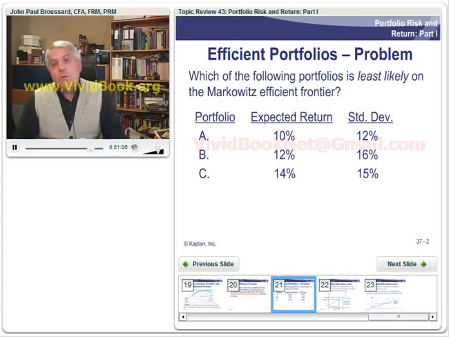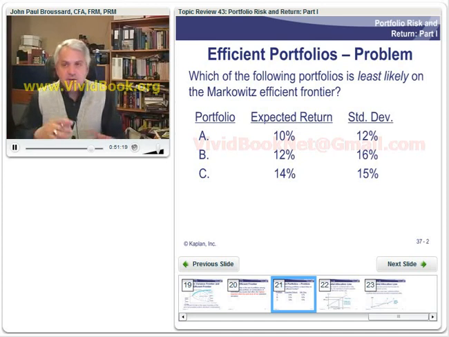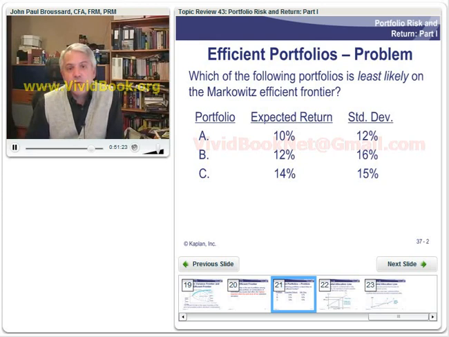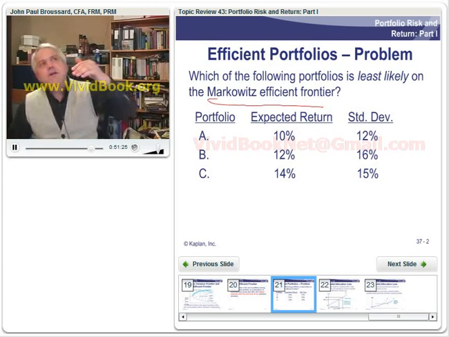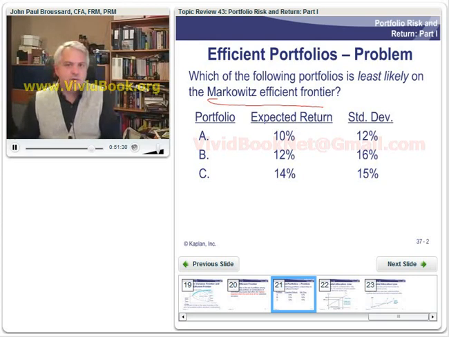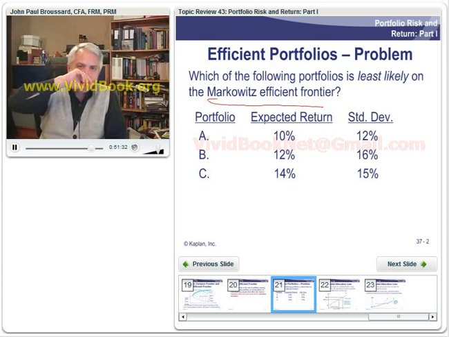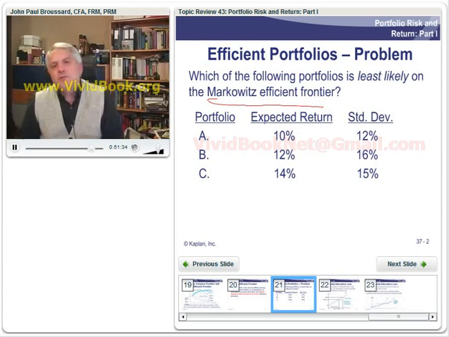This approach to portfolio management we call mean variance portfolio optimization, and we call it the Markowitz efficient frontier. So which assets are going to be on that top line? Well, this particular problem says, which of the following portfolios is least likely on the Markowitz efficient frontier?